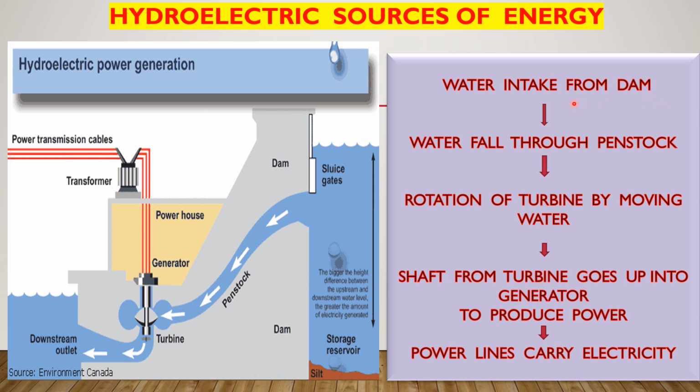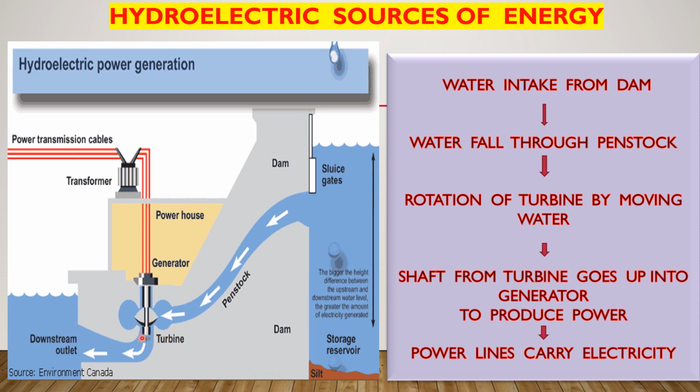Let us go through the literature part of it. Water intake from dam. This is the dam. Water falls through the penstock. As the sluice gates are lifted up, rotation of turbine by moving water, the water rushes in with a great force, rotating the turbine. Shaft from turbine goes up into generator to produce power.